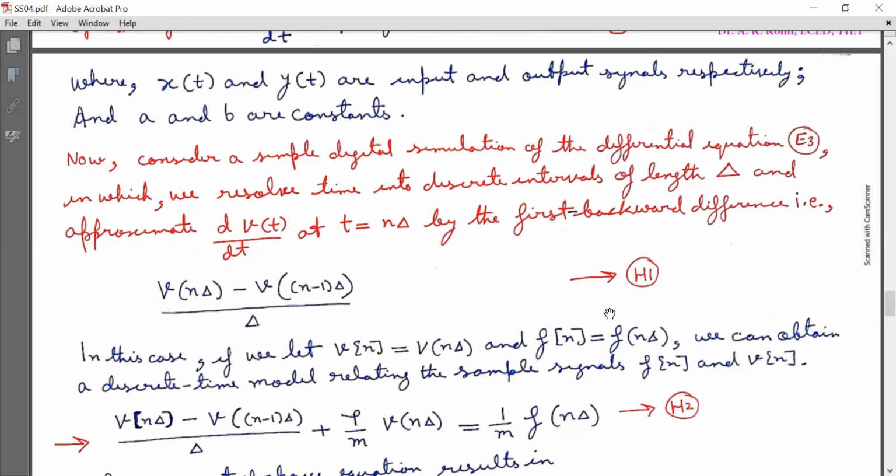Mark it as equation H1. So dv(t) by dt is approximated as this.